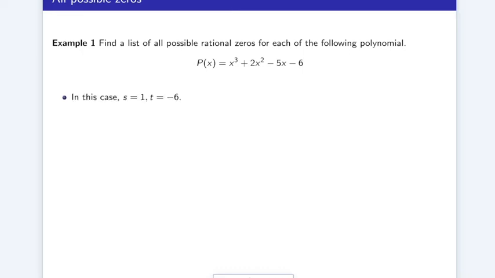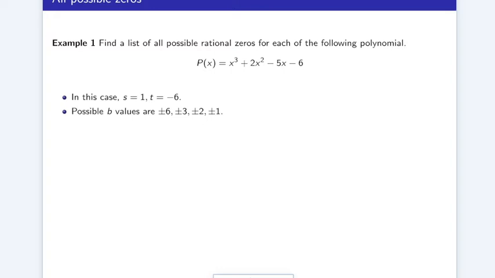The first step is to identify s and t. S is the leading coefficient and t is the constant term. Then we find all possible b values, because we want the b values that divide t, which is -6.